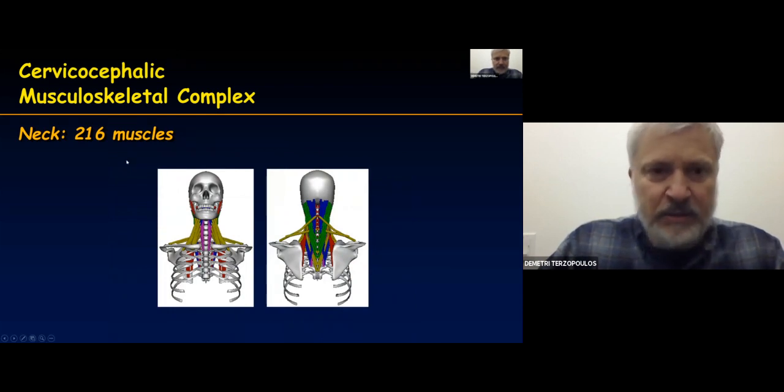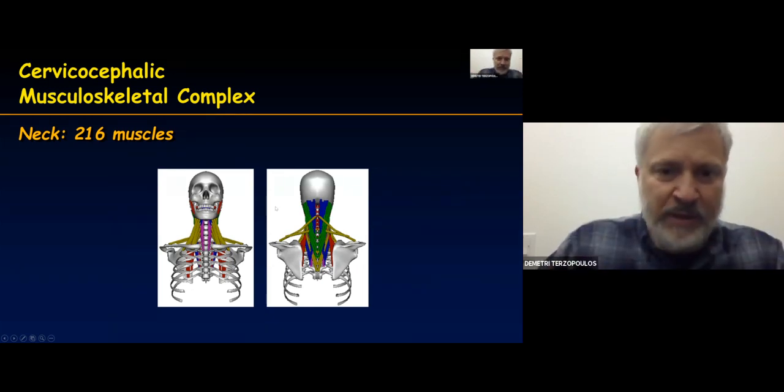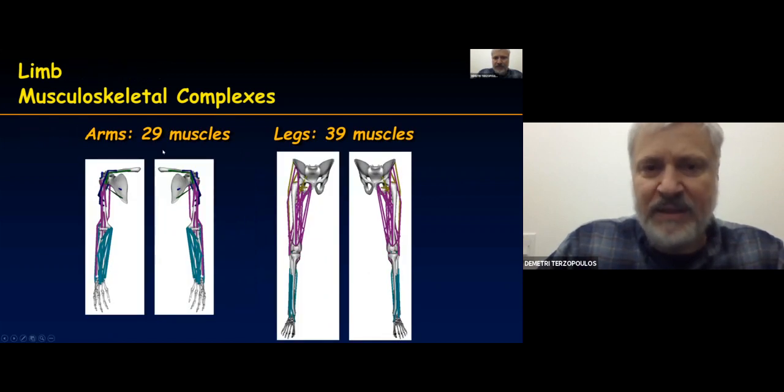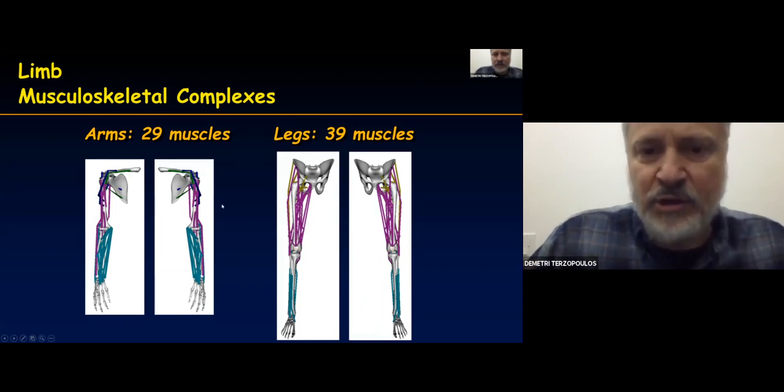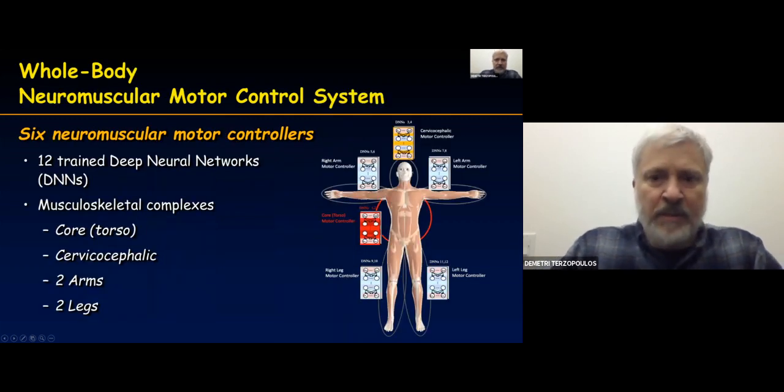In this model, it has 216 muscles, actuators, so the Hill actuators that we have to control. And finally, the simplest ones are actually the arms and the legs, 29 muscles for each arm and 39 muscles for each leg. And those are the musculoskeletal complexes.